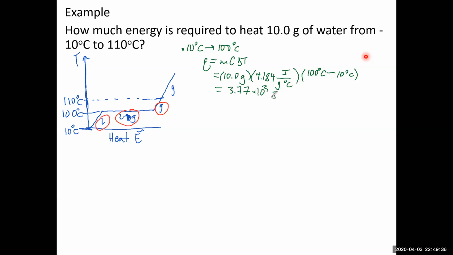Now let's do our second calculation. That's where we're going from our liquid state to our gas state at 100 degrees Celsius. So at 100 degrees Celsius, we do not have a change in temperature. So we need to use the equation Q equals mass times the heat of vaporization here.